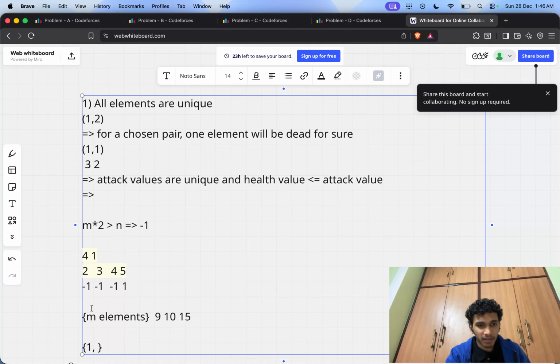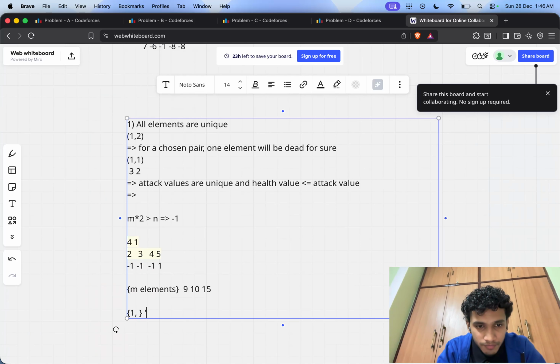We have m elements, and if somehow all these elements are removed, this can become our possible answer. Then inculcate 9, then inculcate 10, then inculcate 15 into our m elements. At the end, we are left over with m elements, which is a possible answer. So print it. So what is our construction?